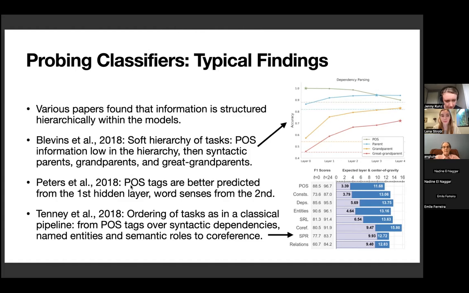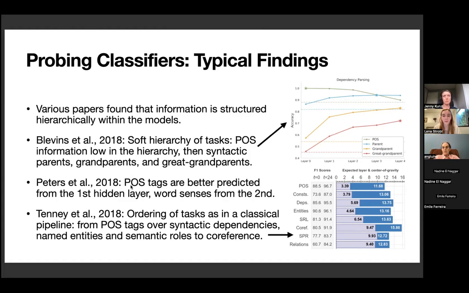And then probably most famously, Tenney et al. found an ordering of tasks that resembles a classical NLP pipeline, where the center of gravity for the POS tags is followed by syntactic dependencies, then named entities, then semantic roles, and then coreference.